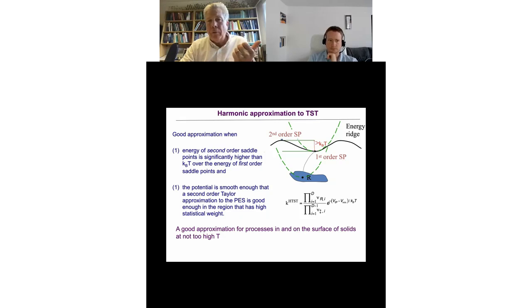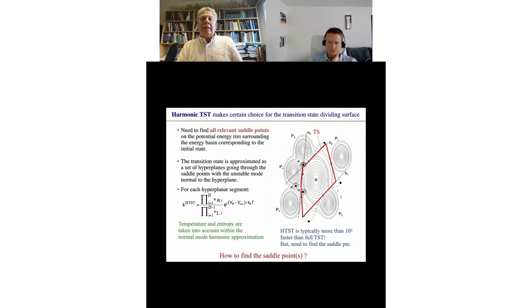So the focus is, in order to find what is going to happen in the system, we need to find these saddle points on the energy rim that is surrounding the initial state minimum. Essentially, one is making the approximation here that the transition state is a mosaic of hyperplanar segments, each segment going through a first order saddle point, with the normal pointing along the eigenvector of the negative eigenvalue, basically the unstable mode.